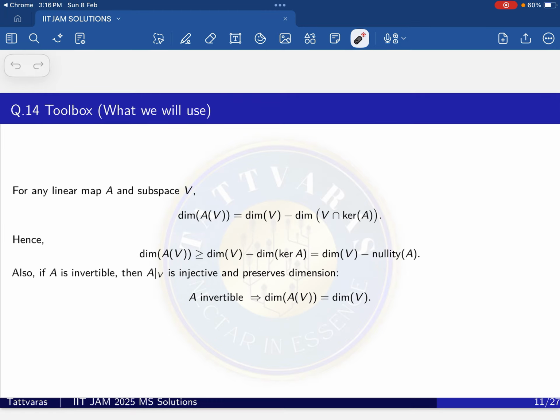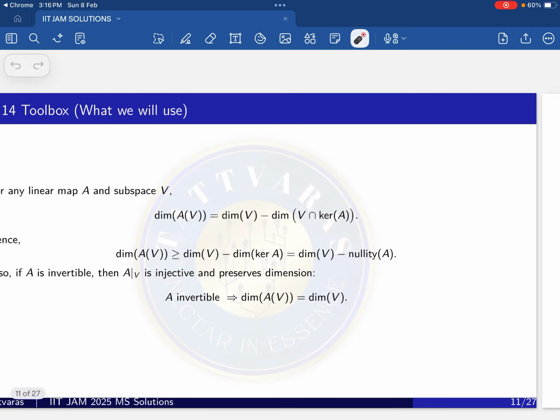So the same idea goes here. So with the utilization of these results, we can now easily solve the question.